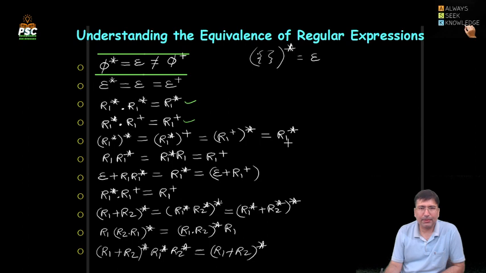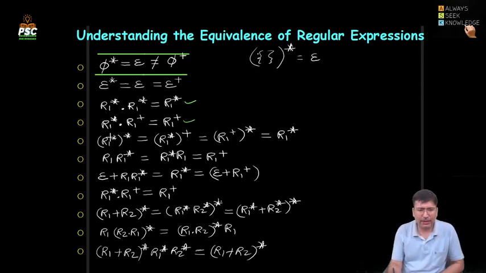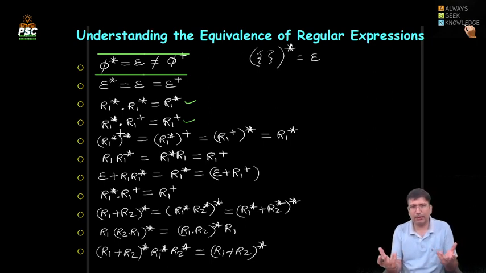The same thing is happening here, because R1 star will give you every possible string over R in any combination. So if you write every possible thing of every possible thing, it will be every possible thing only, because whatever the possibilities are, we have already considered in R1 star.